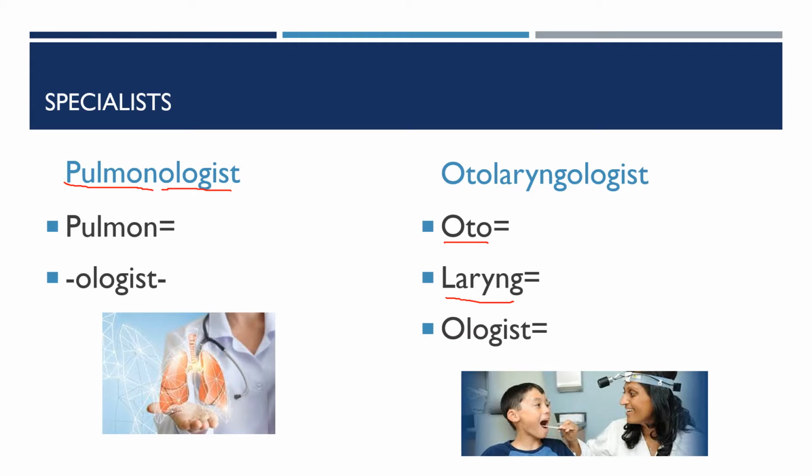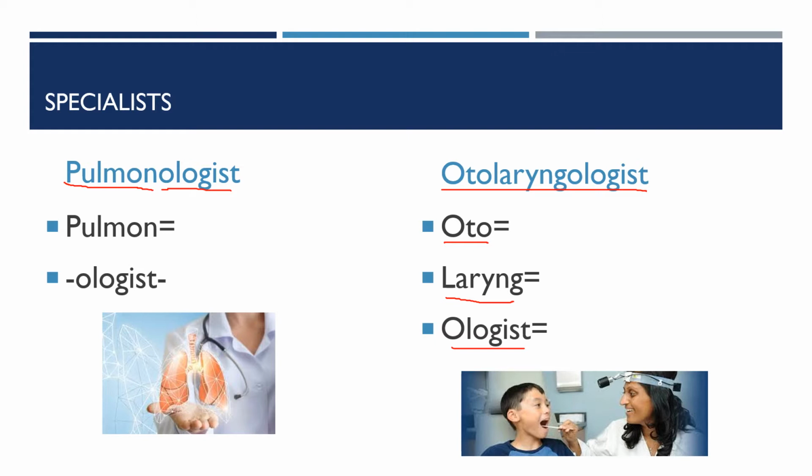Ologist refers to the person, the specialist. Okay, so otolaryngologist. The otolaryngologist treats diseases and disorders of the ear and the voice box and the throat.